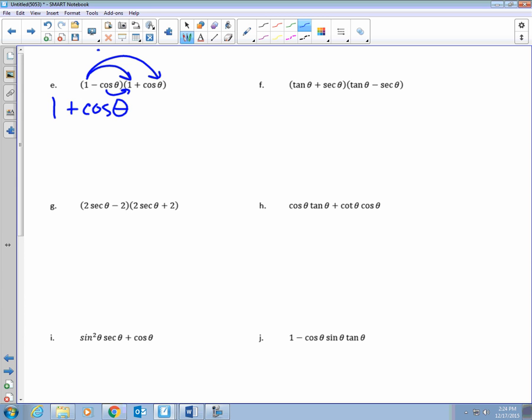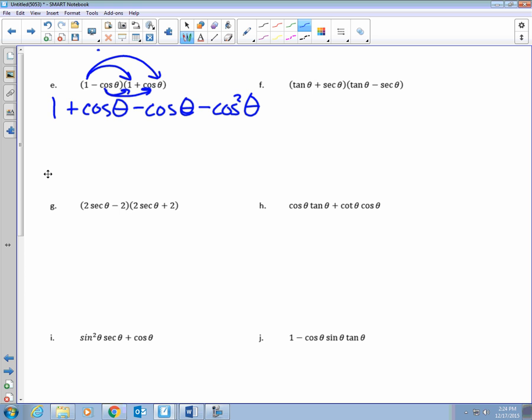Negative cosine times 1, and negative cosine times positive cosine. Sorry, folks. Negative cosine times positive cosine, negative cosine squared.